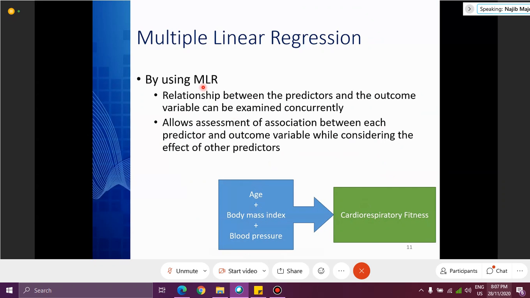By using multiple linear regression, the relationship between the predictors and the outcome variable can be examined concurrently, and it allows assessment of the association between a predictor and the outcome variable while considering the effects of other predictors. For example here, you can see the influence of age towards cardiorespiratory fitness when BMI and also blood pressure are adjusted.